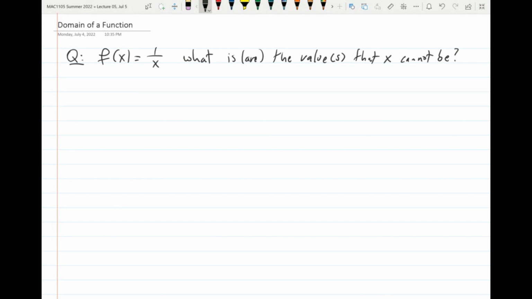So in this case, what would be the answer? That would be 0. Very good. So the answer is, whatever we do, x equals 0 is not a good input for f. Why? Why is this not a good input for the function f?